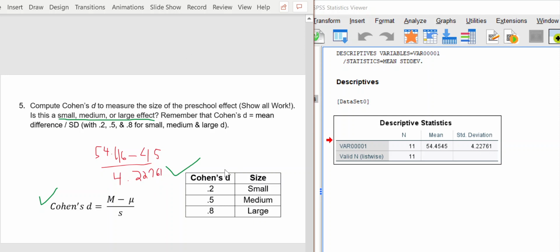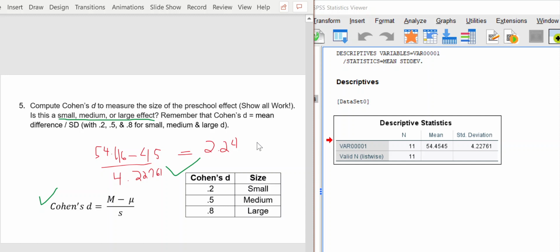I'm going to do this calculation to see what it looks like. Okay, I got an effect size of approximately 2.24, which is a very large effect size.